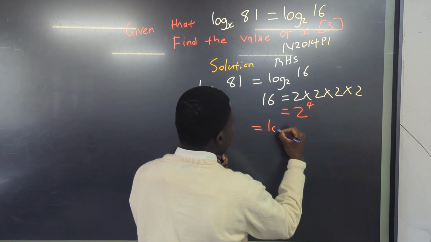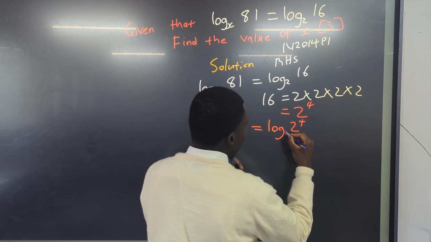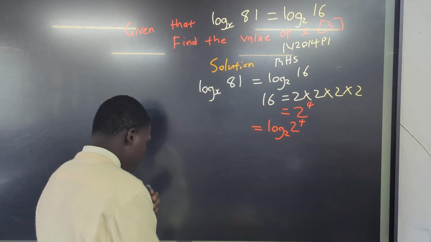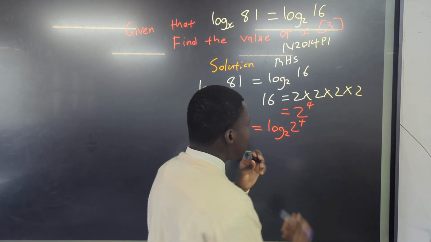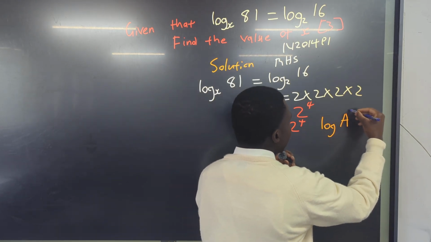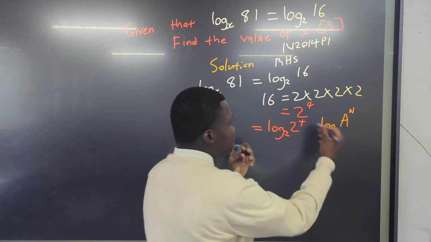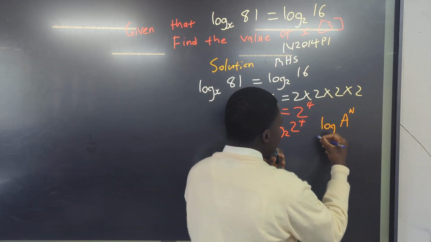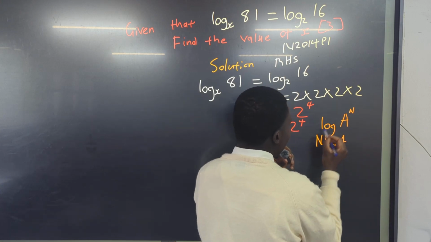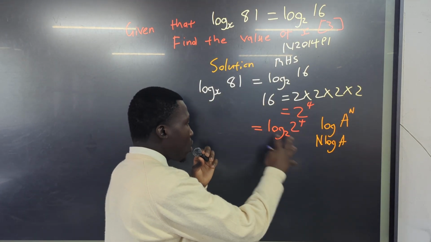So this now becomes log 2 to the power of 4 base 2. Using the power law we discussed in our first introduction on logarithms, which says the log of a to the power of n, you write the exponent before the logarithm, is the same as n log a. We apply this power rule to our expression.